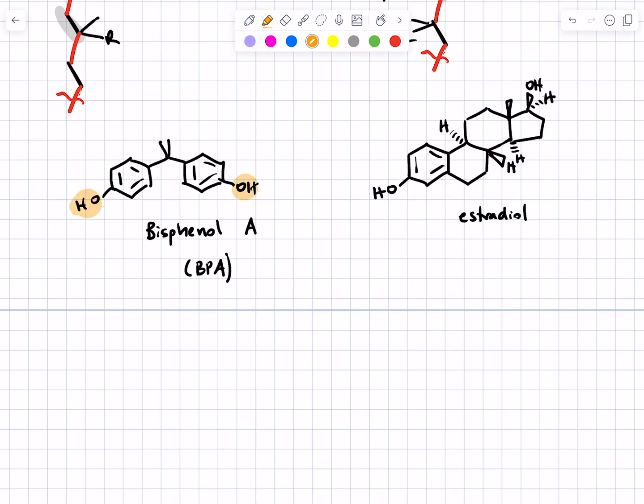It shares maybe the spacing of these two OH groups, more or less, and it shares the presence of at least a benzene ring. It turns out that bisphenol A can bind the estrogen receptor, which I'm calling ER, though it binds with 1,000 to 2,000-fold lower affinity. So it's certainly not as potent as estrogen at activating the estrogen receptor.